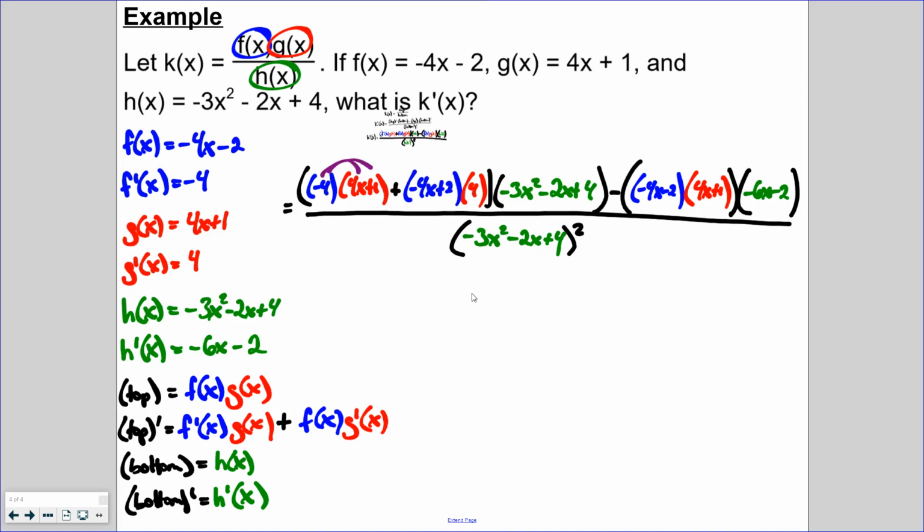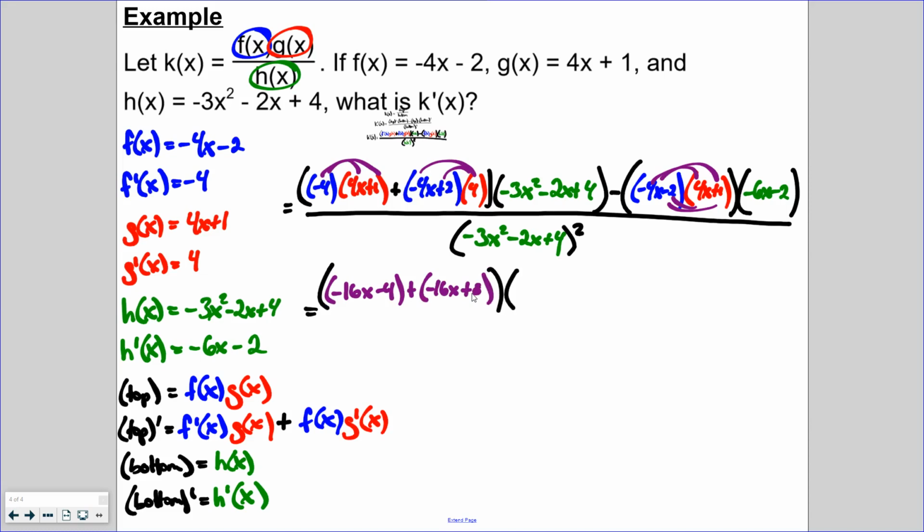Well, we can distribute the negative 4 in, and we can distribute the positive 4 in, and then we can FOIL this guy. So this is going to give us negative 16x minus 4 plus negative 16x plus 8.